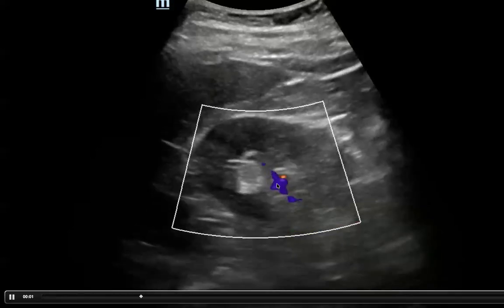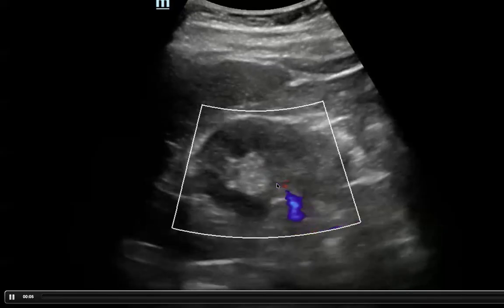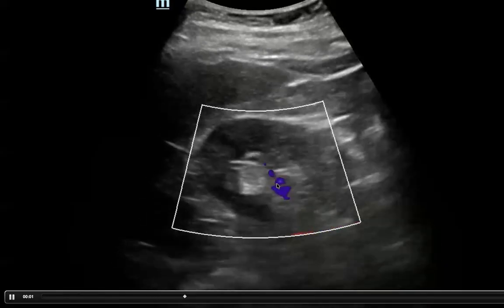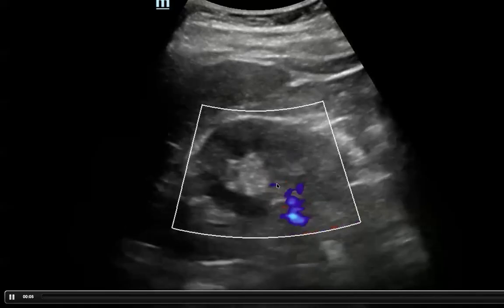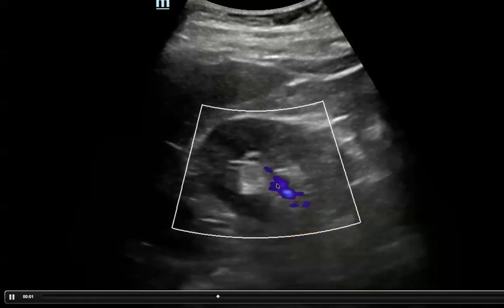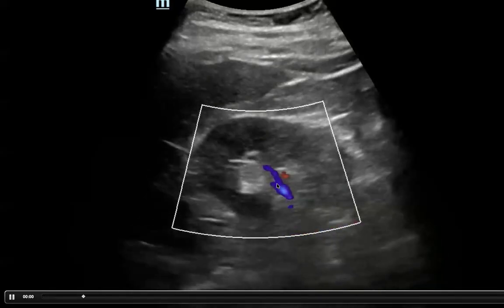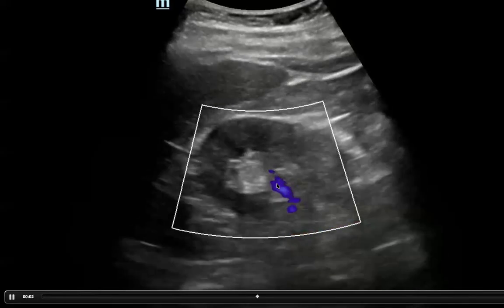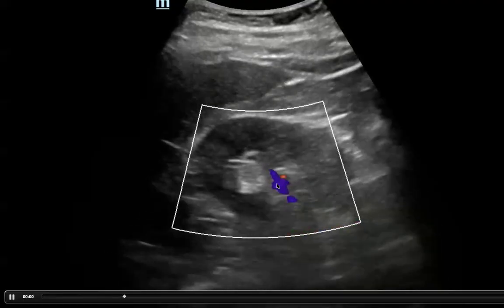Now, it's important to note that when you're using color Doppler, everything on the screen stays put. You must have your patient hold their breath or just halt their breathing for a little bit, because what color Doppler does is it detects movement. That's how it detects the vasculature flow. And so if everything's moving in the screen, if your patient's breathing, then everything's going to light up.